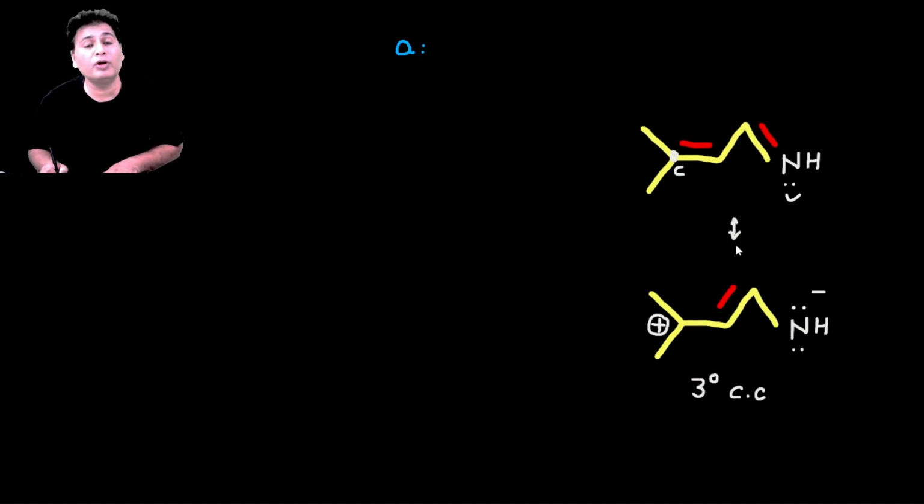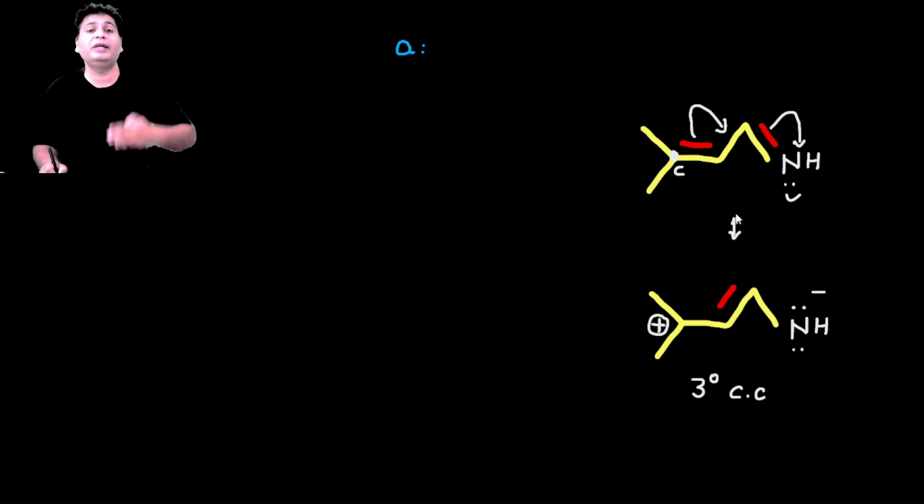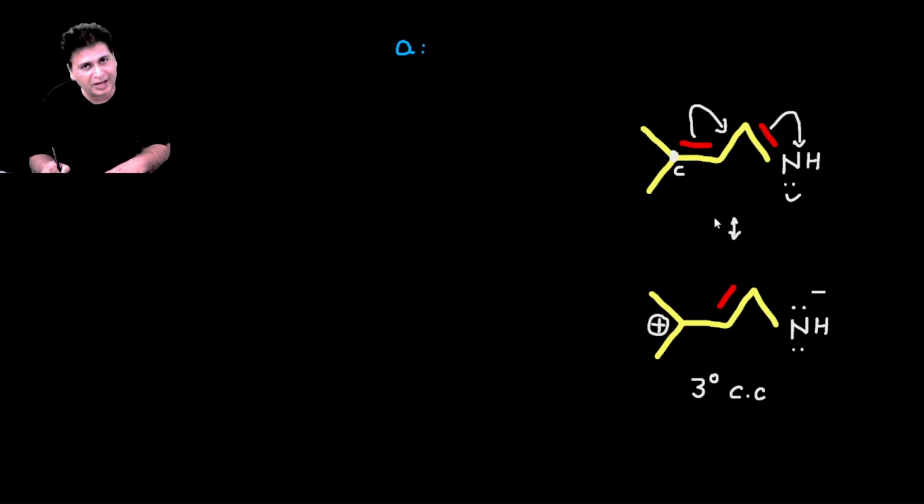Nitrogen is more electronegative, so it's going to pull the pi electrons towards it, and on that ground this pi bond is going to shift in the resonance effect, and simultaneously these electrons are going to sit on nitrogen to create one more lone pair along with a minus formal charge. And because the electrons are going away from this carbon, it will acquire a positive charge.